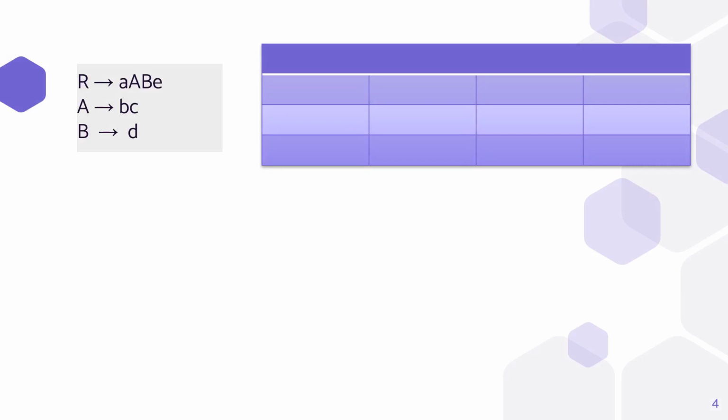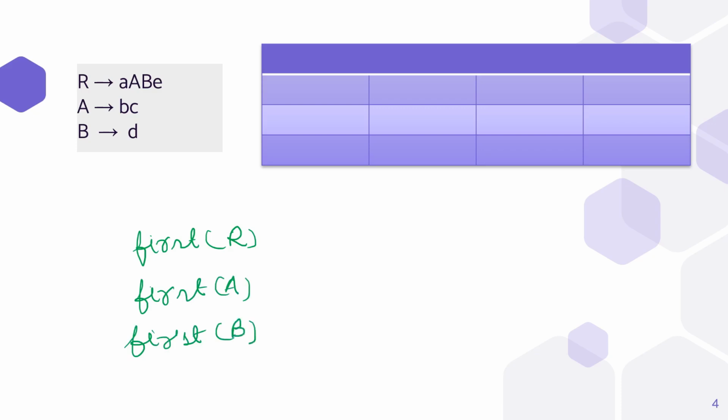Let's take an example and go through the steps one by one, and create a parse table for this particular grammar. So here we have to find the first of R, first of A and first of B. Okay, this is called a parse table.